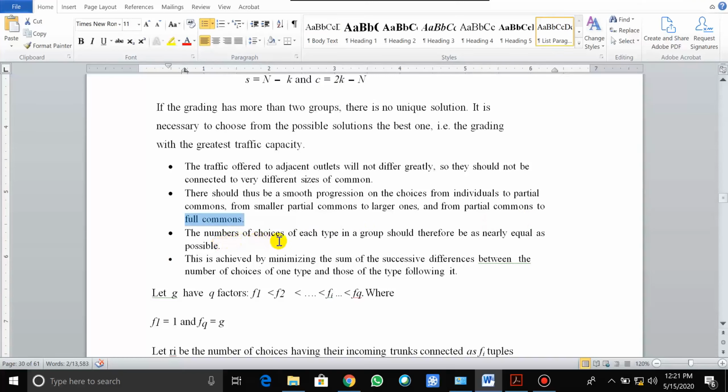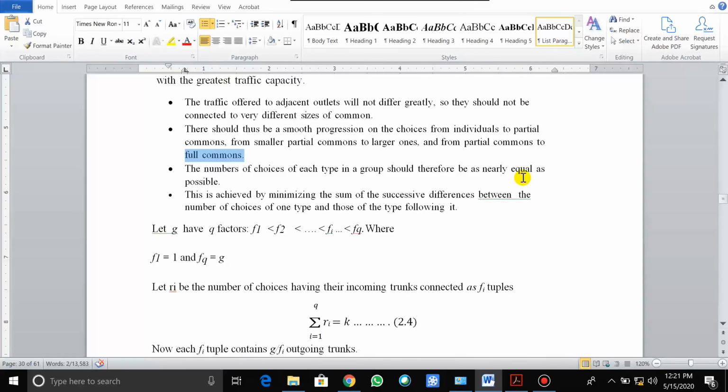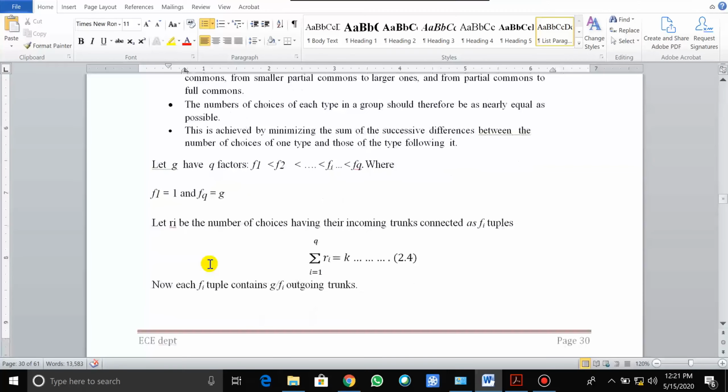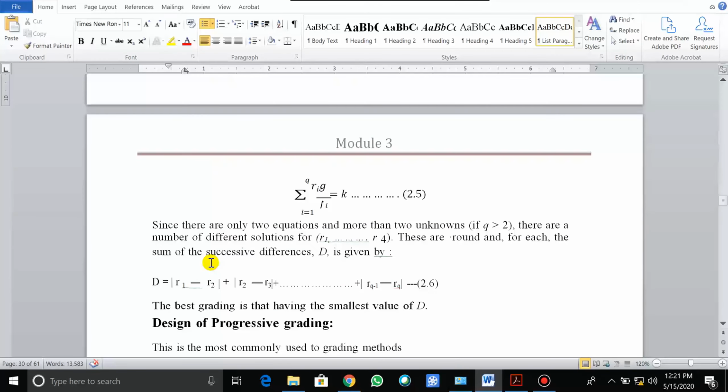The number of choices of each type of group should therefore be as nearly equal as possible, and this is achieved by minimizing the sum of successive differences between the number of choices of one type and those of the following type. So now we have to discuss the mathematical terms through the equations.